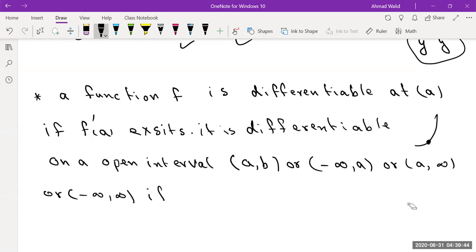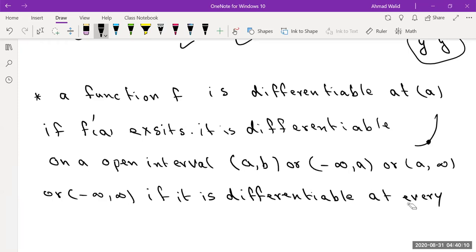If it is differentiable at every number, same thing that I discussed in limits for you, in the interval, and a b is an open interval.